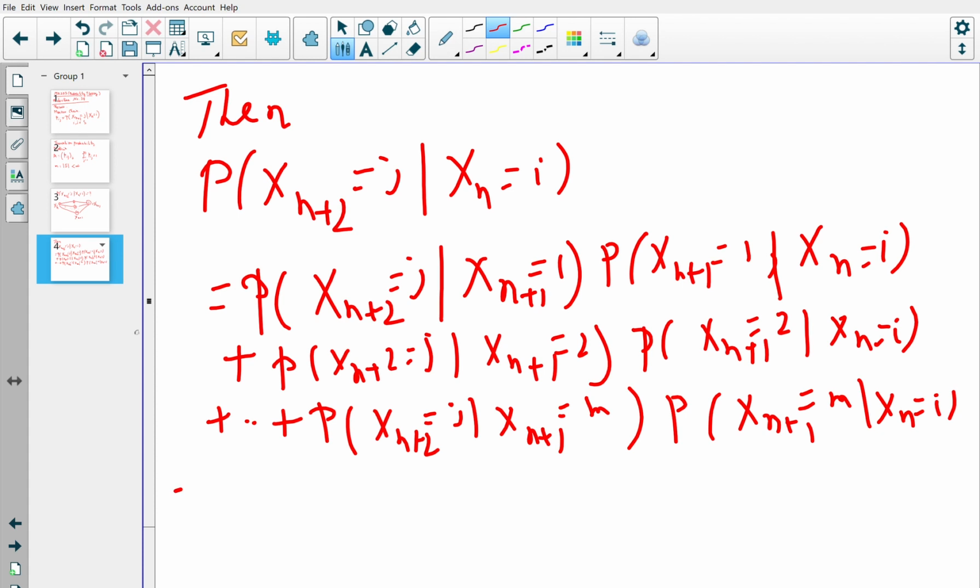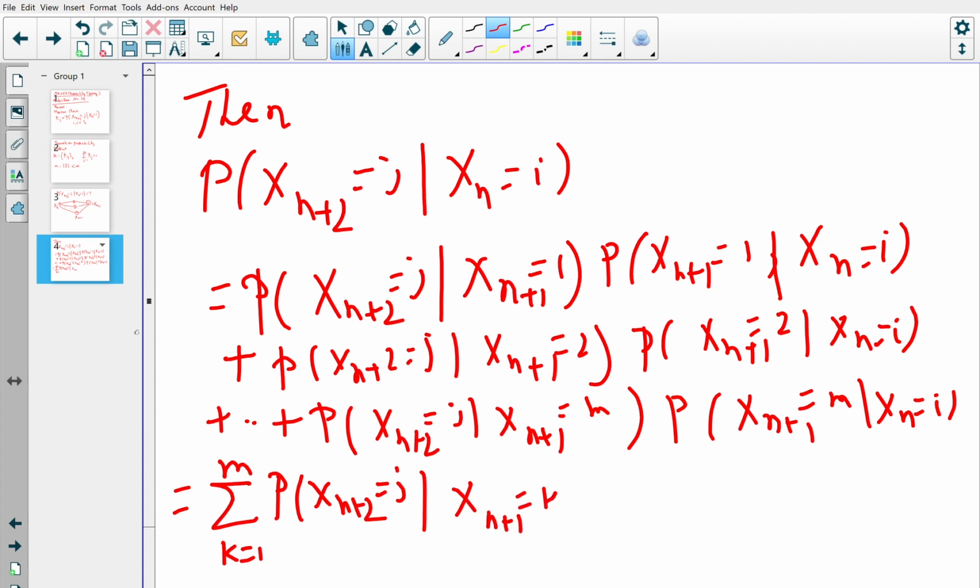You can easily write this as the summation over k equal to 1 to m of the probability that X_{n+2} equals j given X_{n+1} equals k, times the probability that X_{n+1} equals k given X_n equals i.